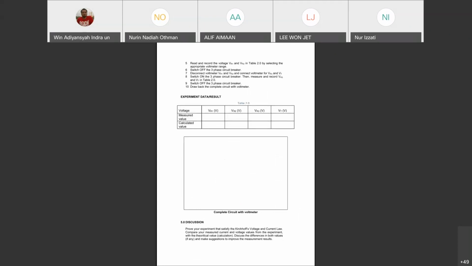Look at the column here. Measured means the value that comes up in Multisim. Calculated means using the formula.